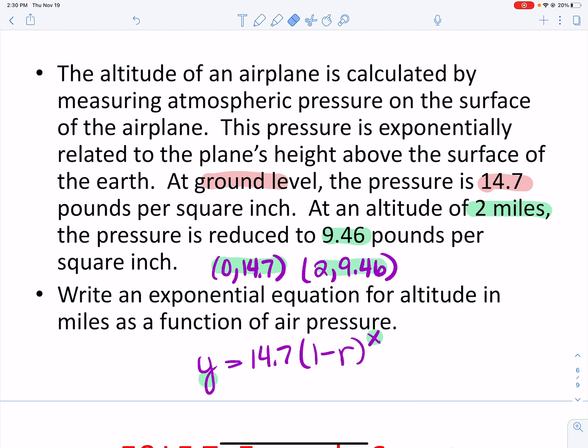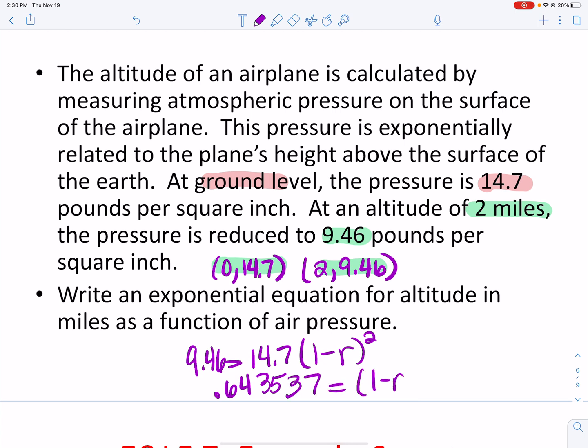So I'm going to plug in 9.46 for my y and 2 for my x. I'm going to take 9.46 and divide by 14.7. So I got 0.643537 equals (1 minus r) squared.